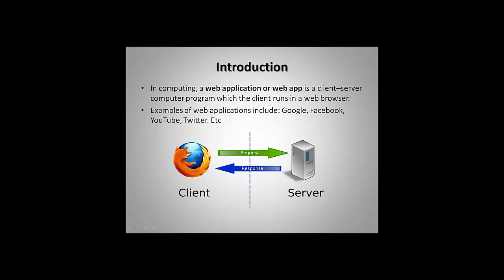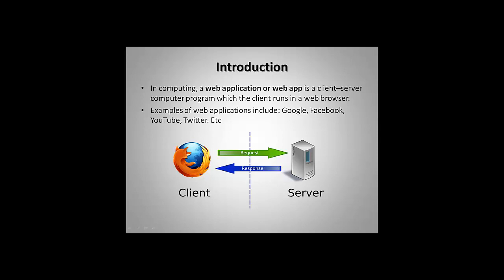Generally speaking, a web application or a web app has a client to server architecture. And what this means is this: a web application is a computer program that is hosted on a web server, and it can be accessed by users through a web browser.